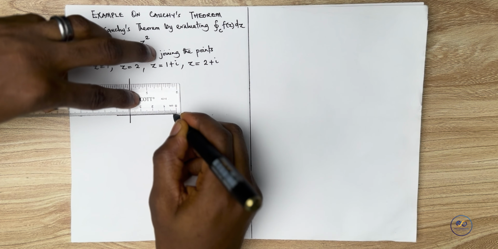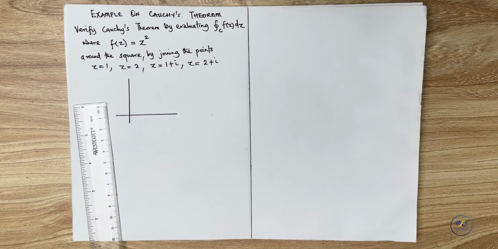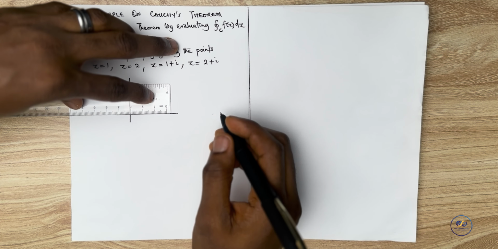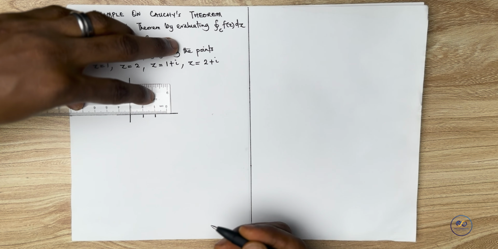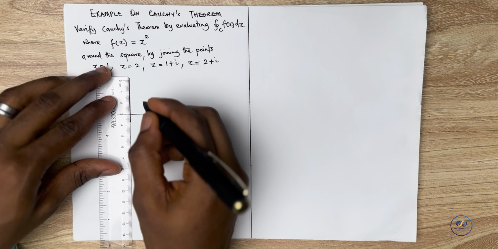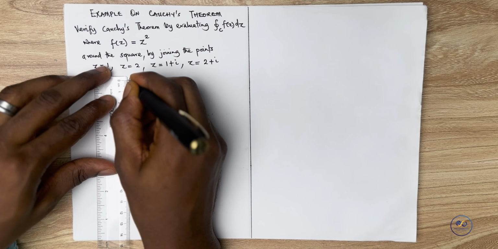Now we are going to plot the points of this function. So we'll start off on this side, we can have this as 1, 2, and 3, and then on this side as well, we can have this as 1, 2, and 3.